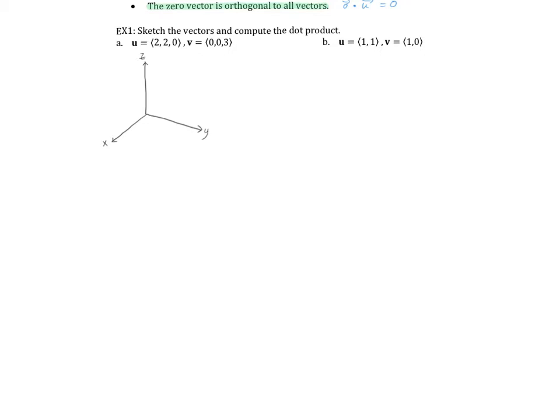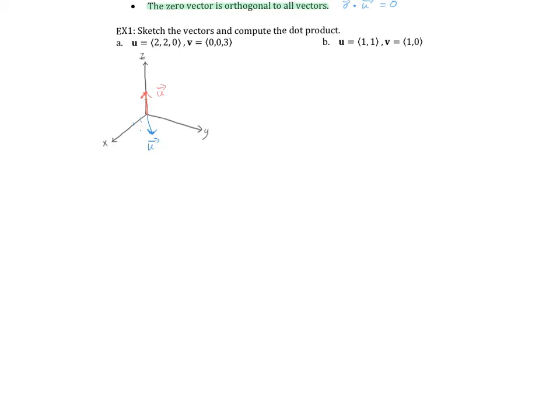So 2 on the x, 2 on the y, and 0 on the z. So this would be my u. My vector v is 0, 0, 3, so that's just up 3 on the z-axis.